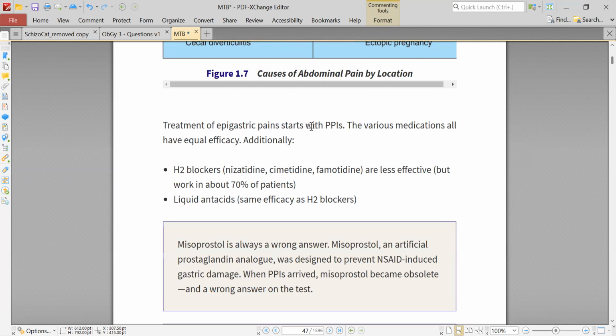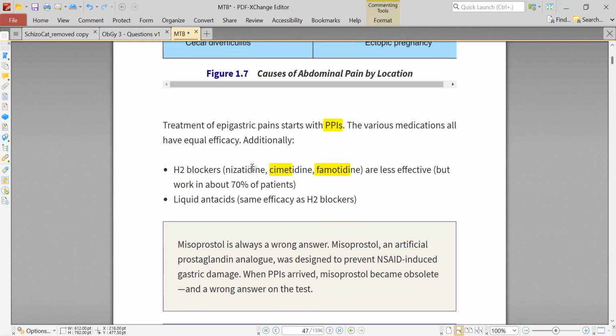Treatment of epigastric pain starts with proton pump inhibitors. The various medications all have equal efficacy. Additionally, the H2 blockers, cimetidine, famotidine, and nizatidine, are less effective but work in 70% of patients. Liquid antacids are also available, and they have the same efficacy.